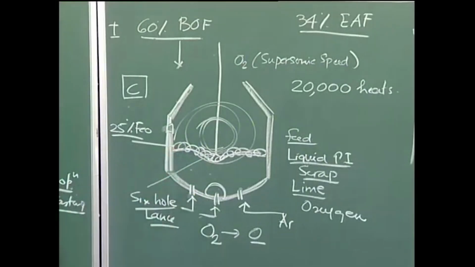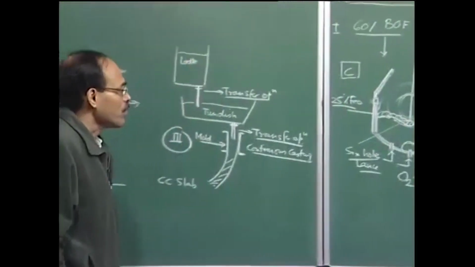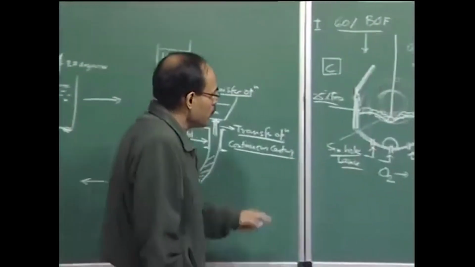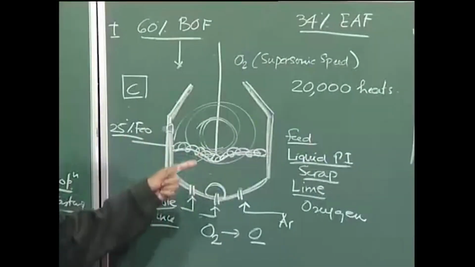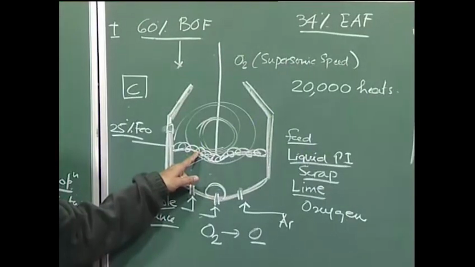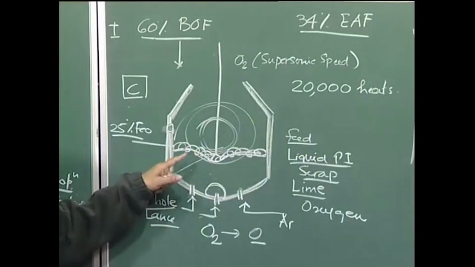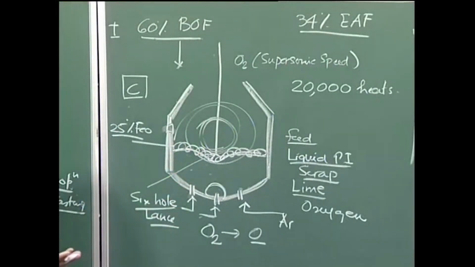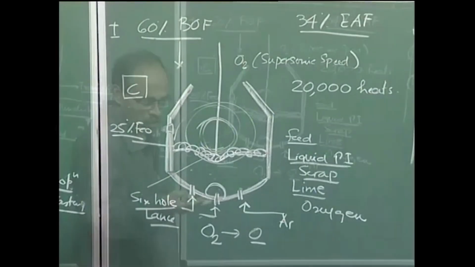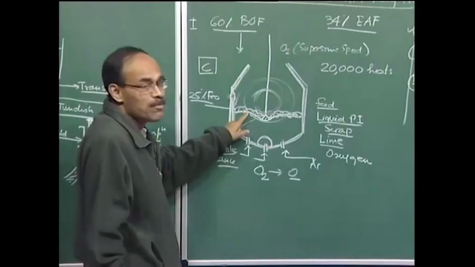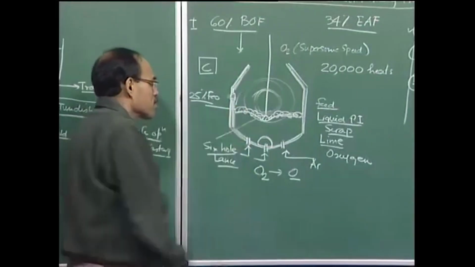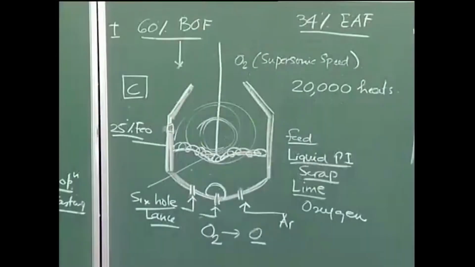So slag is basically comprised of various oxides. We have added calcium oxide to fix silica, phosphorus, etc. It's a basic slag. So silicon dioxide, phosphorus pentoxide, manganese oxide, calcium oxide, FeO, they all constitute the steel making slag, which has a very high oxidizing power.